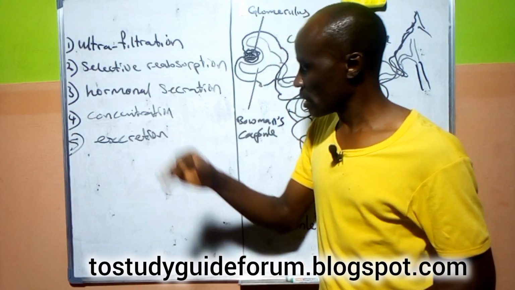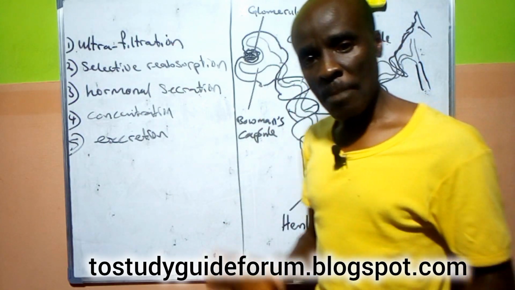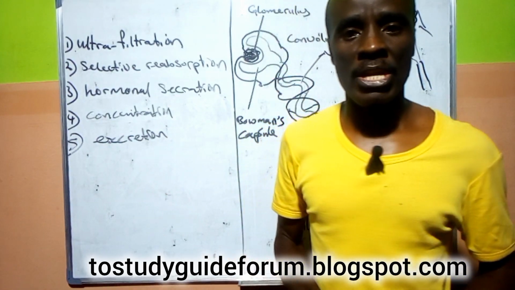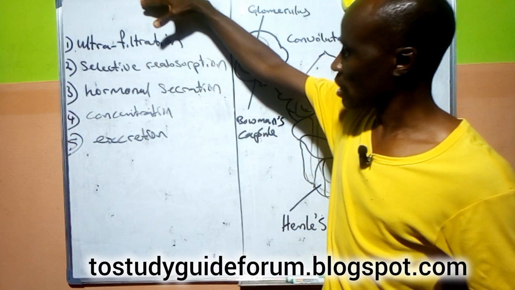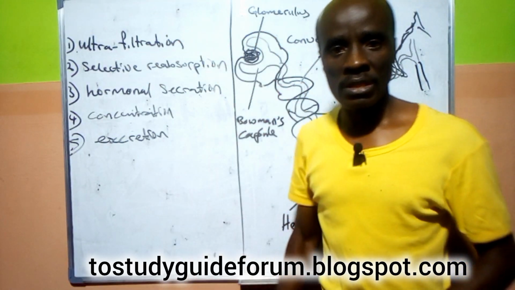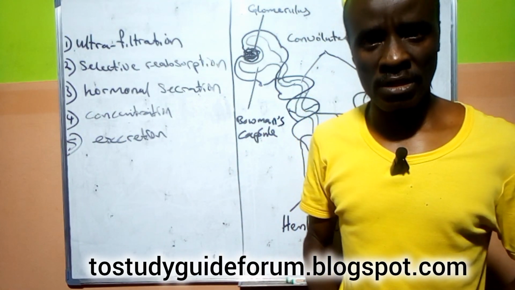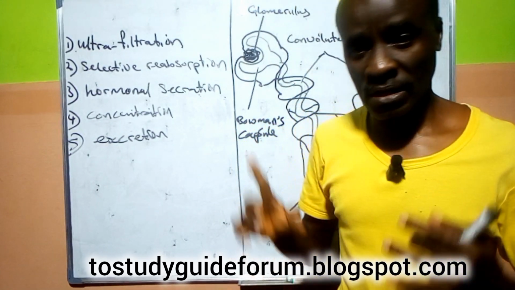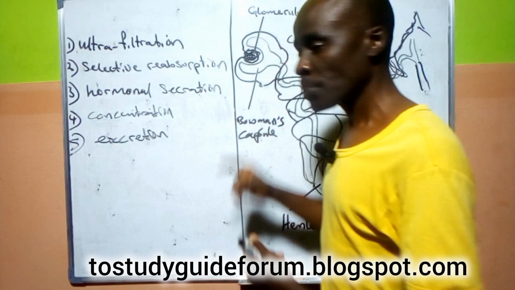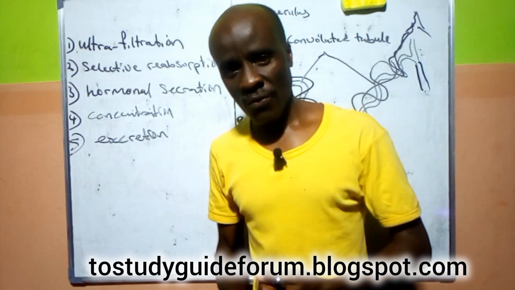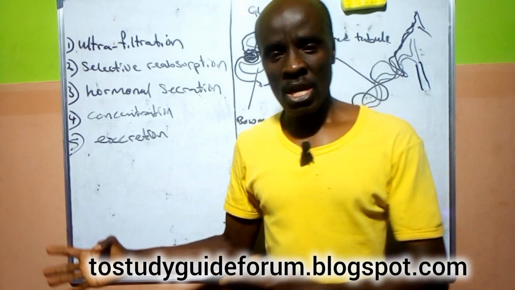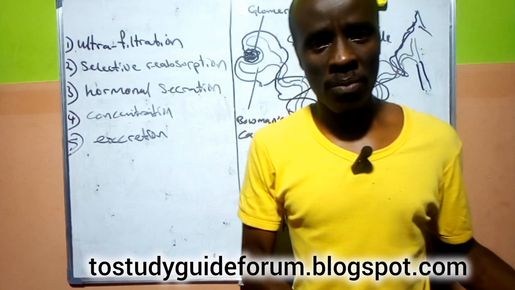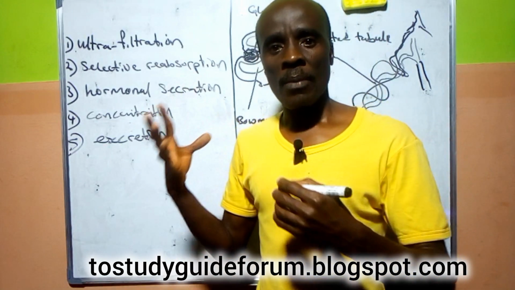So in this case, I want you to get the basic thing here, to know that these processes are what really take place in the body system, and you know the function of the kidney. The kidney plays a very important role in maintaining the acid-base balance in the body system, and the concentration and balancing of ions.